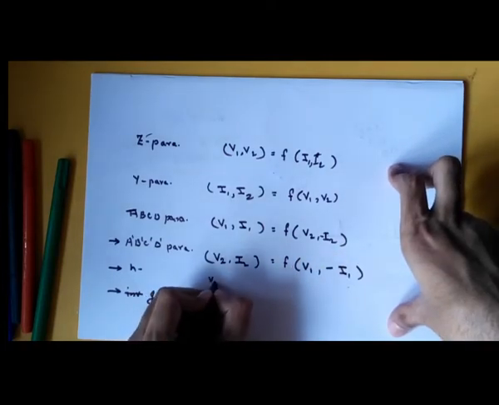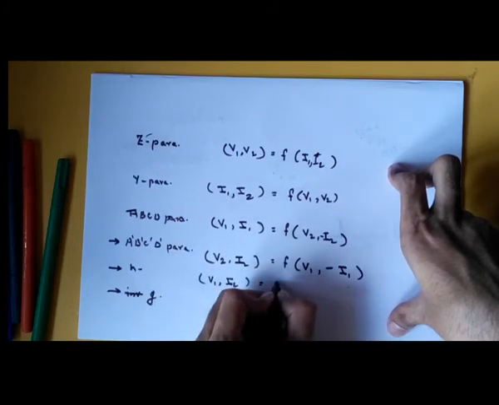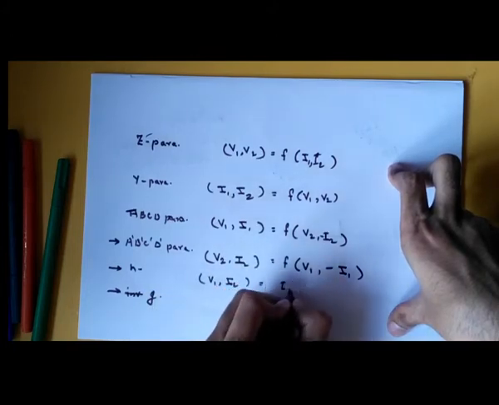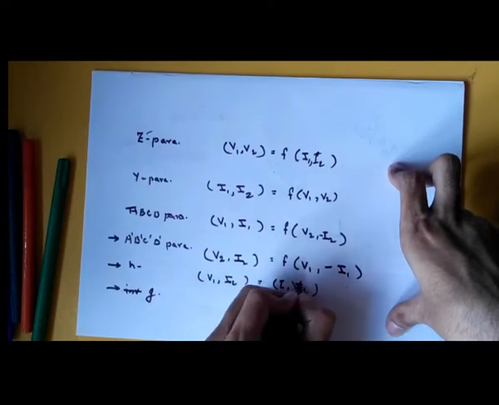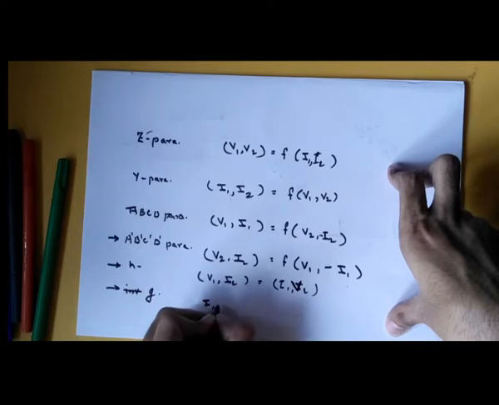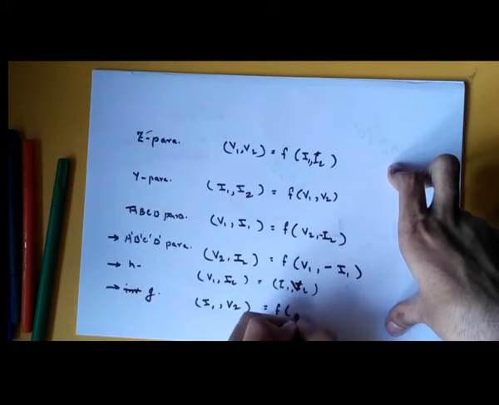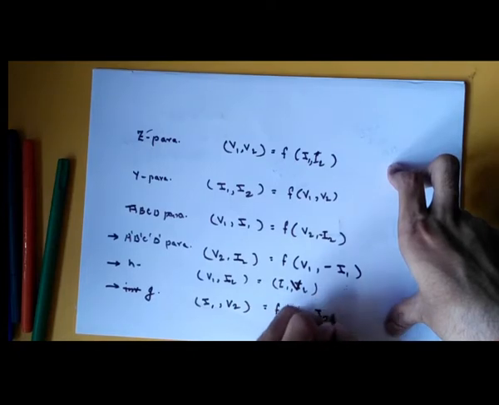Then hybrid parameters, as the name suggests, means both sides, ports 1 and 2, you will have voltage and current, which was not the case in previous parameters. Then inverse hybrid will be I1, V2 as a function of V1, I2, right?